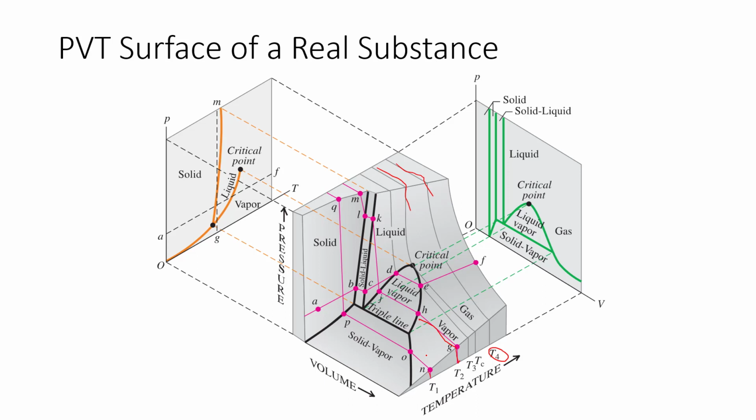If we project them onto some PV plane, then we get a diagram similar to the phase diagram that we saw before. If I take cross sections along these isothermal planes, this is one isothermal plane, this is another, and this is another, and then overlap the isothermal planes one over the other, in other words, you can just project them on a single plane.